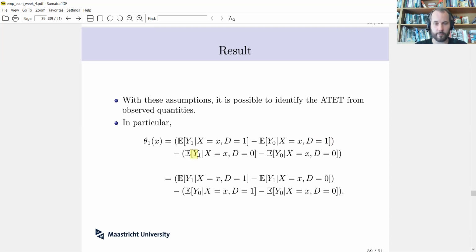And then we do the same difference in the non-treated group. You can write it like this, or you simply look at after treatment in the treated versus non-treated, and the same thing before treatment. It's the same thing. You can write it in both ways. It doesn't matter. Nevertheless, the important thing is that we can identify this. All these things are observable. That's the really important thing.